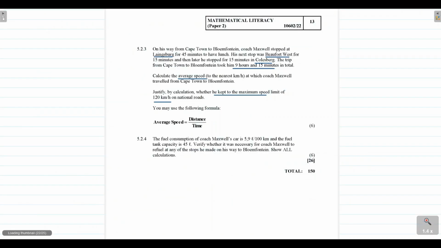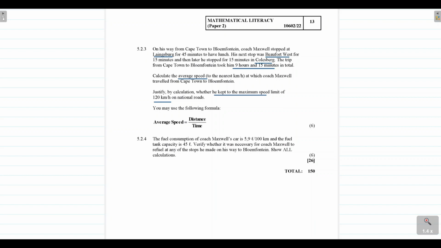All right, and then finally, guys, let's have a look at the last question, and we are basically done with this question. The last question says that the fuel consumption of Coach Maxwell's car is 5.9 liters per 100 kilometers.